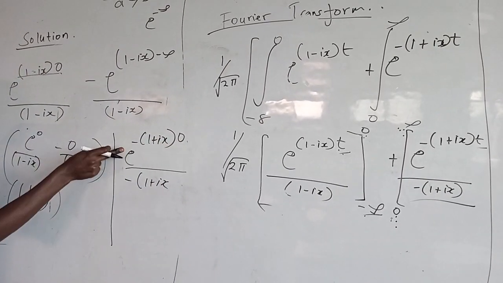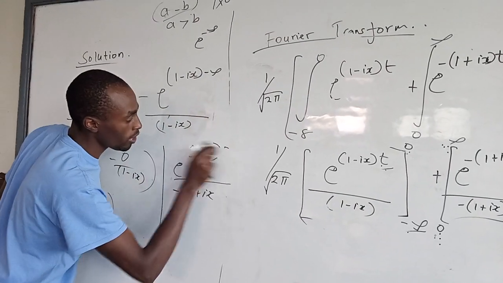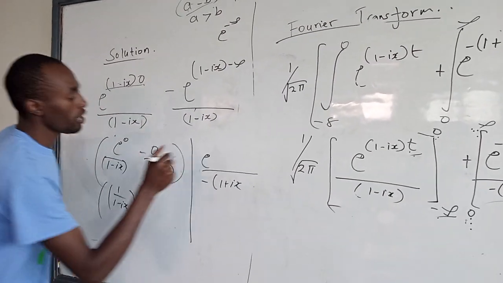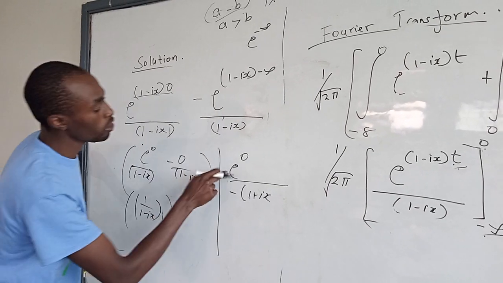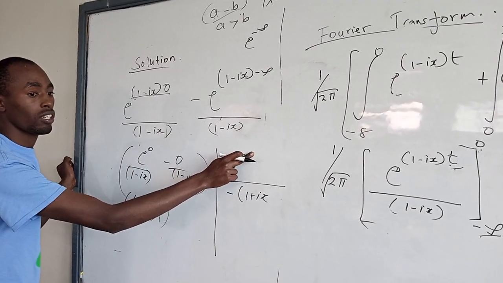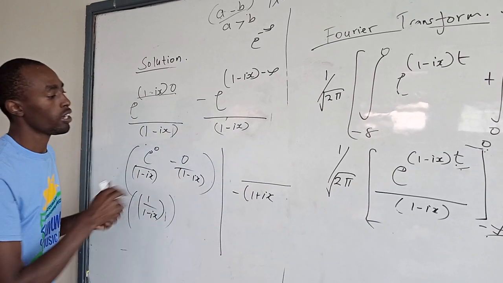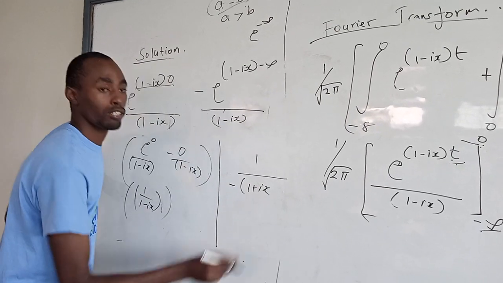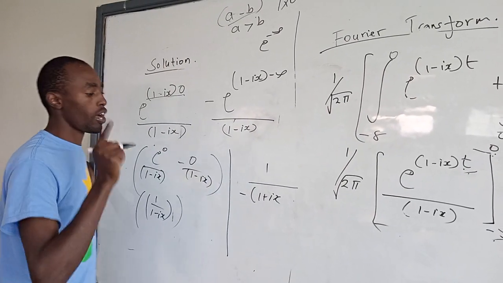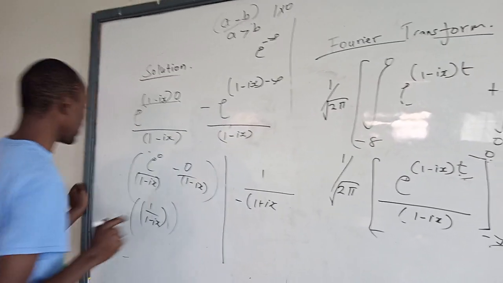When you put that value, being 0, there is no problem. You are mathematically right: any number raised to 0 is 1, always.